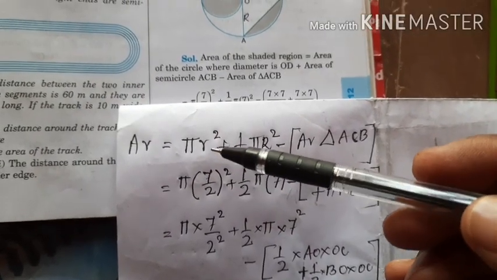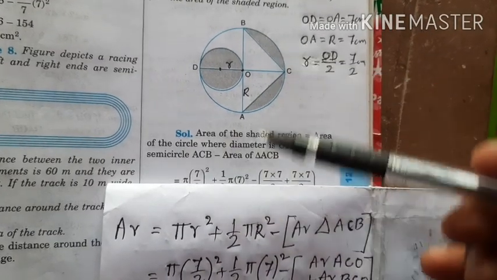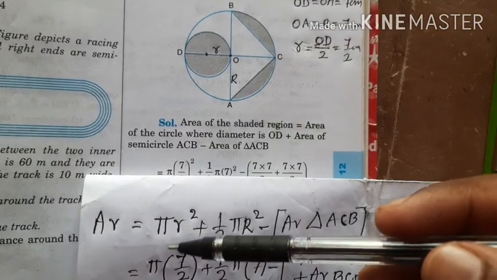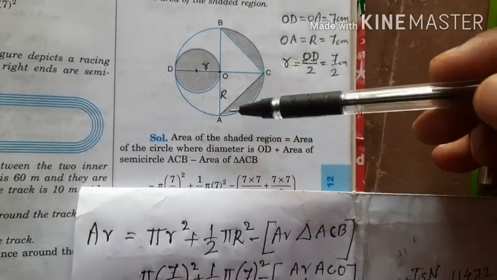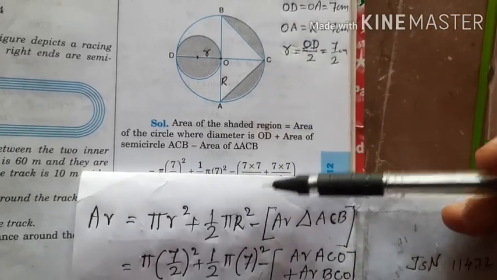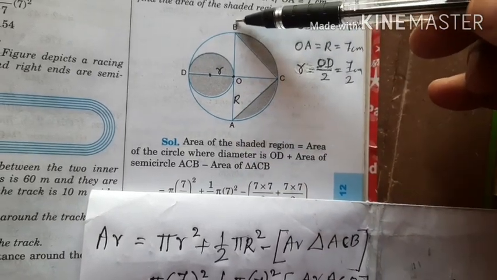So children, we have the area of the shaded region is equal to the area of this small circle with radius small r plus the area of this entire semicircular region, minus the area of right angle triangle ACB.